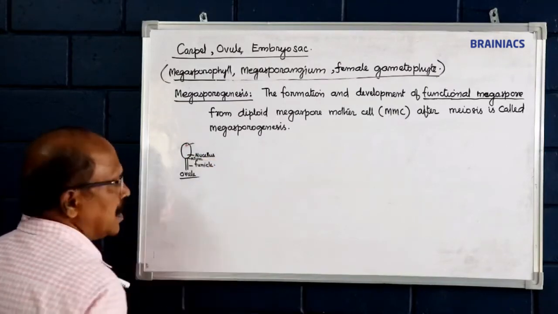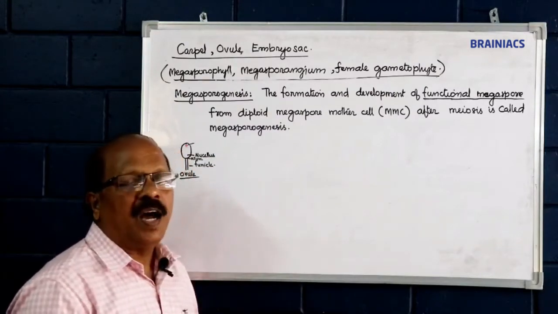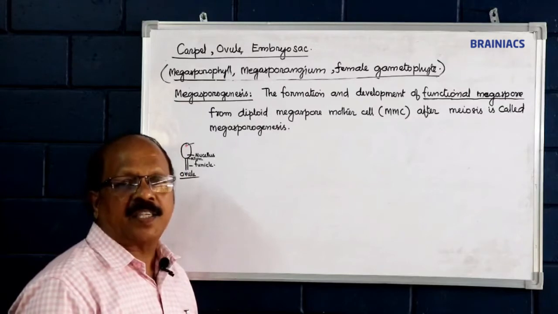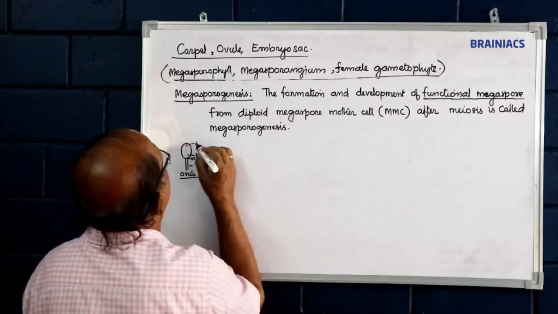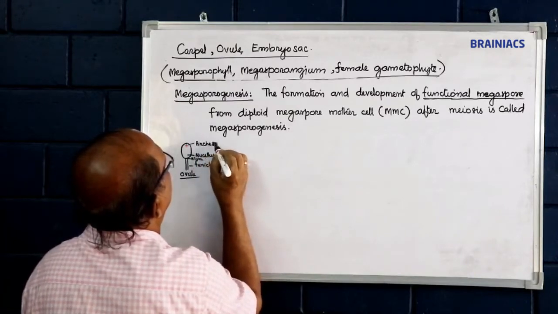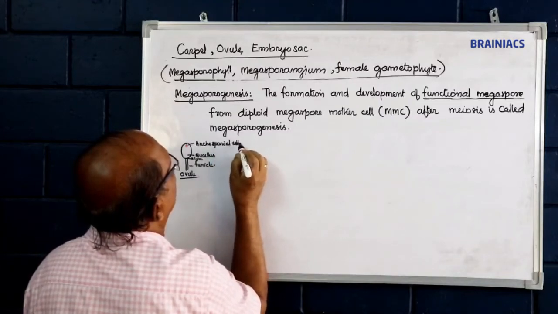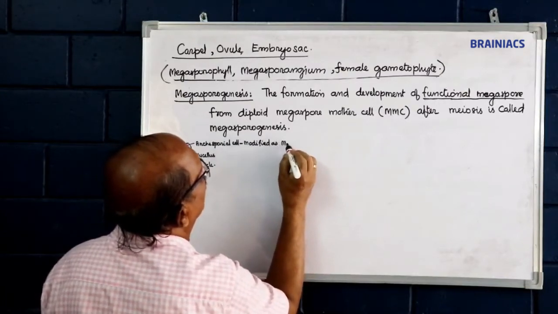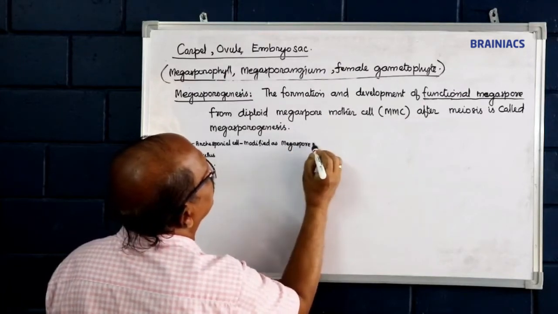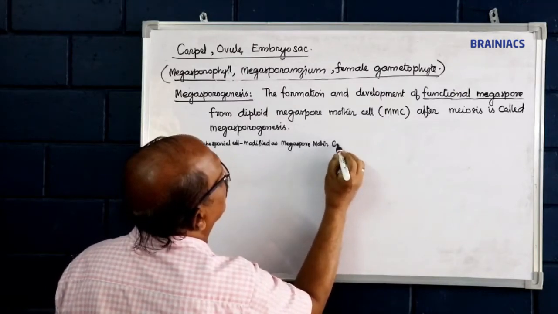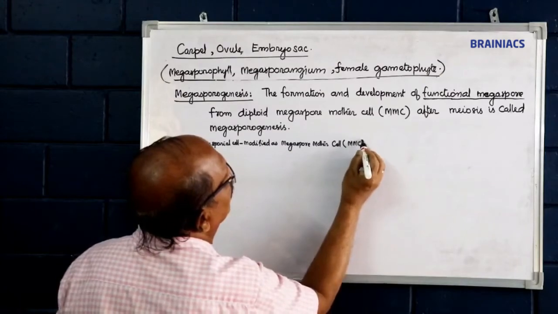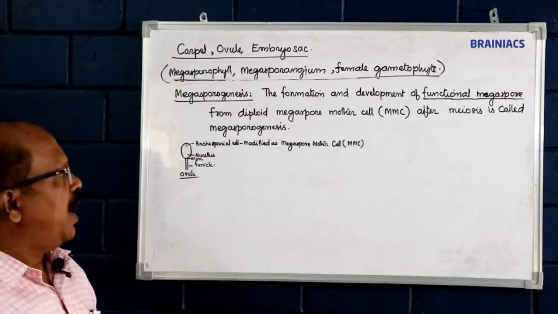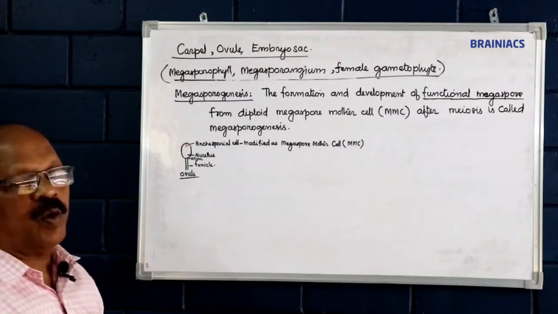This particular cell is called an archisporial cell, which is later modified as the megaspore mother cell or MMC, which is diploid.